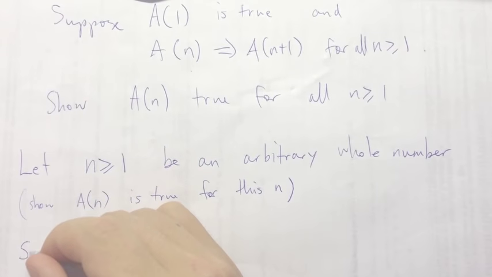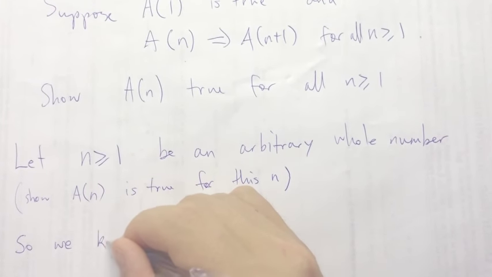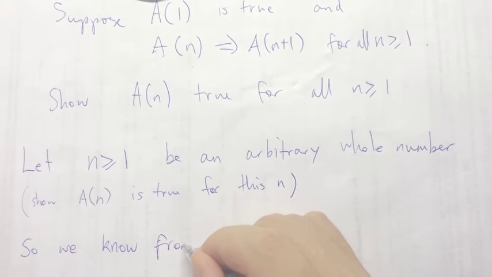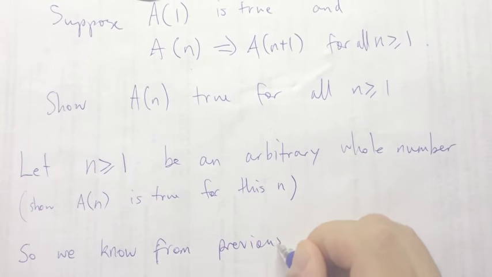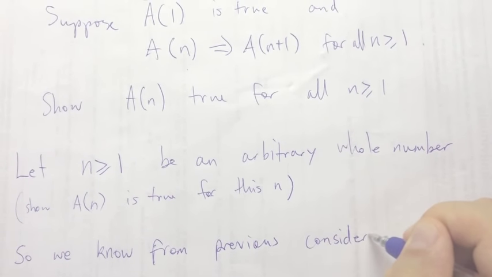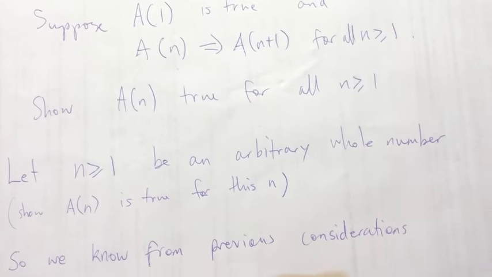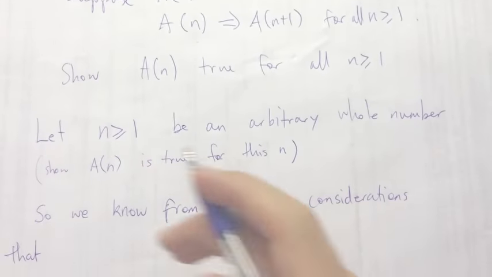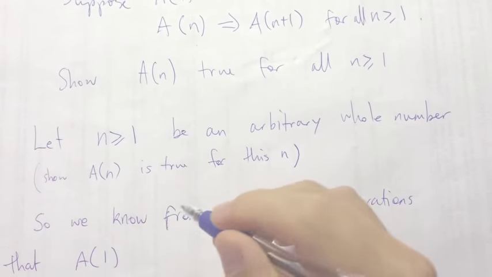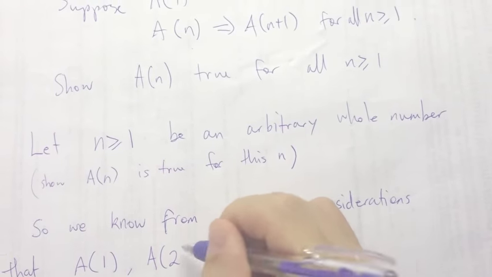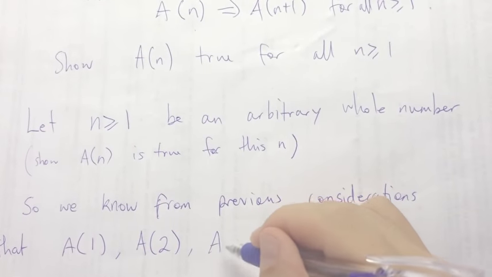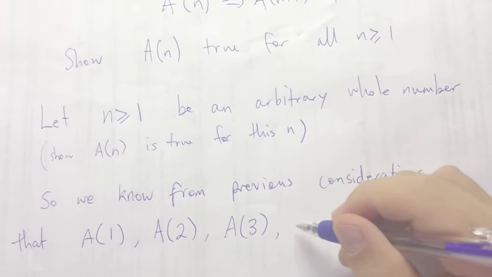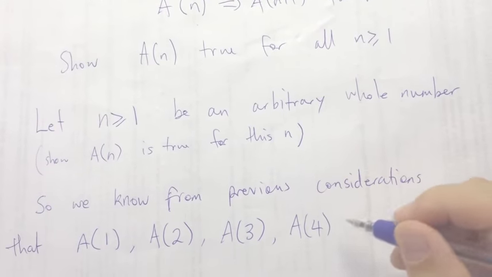So we know from previous considerations that A1 is true, A2 is true, A3 is true. We definitely saw that explicitly, but we also saw the argument carried on to A4 and actually to any fixed number.